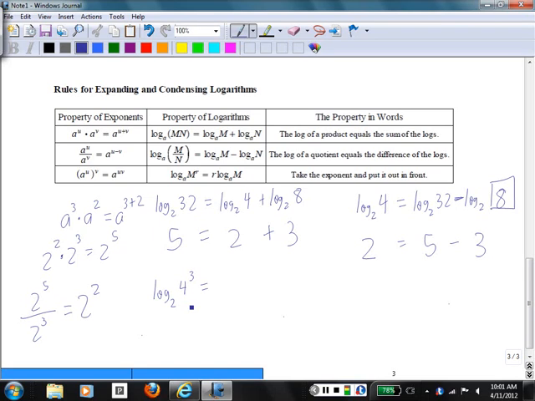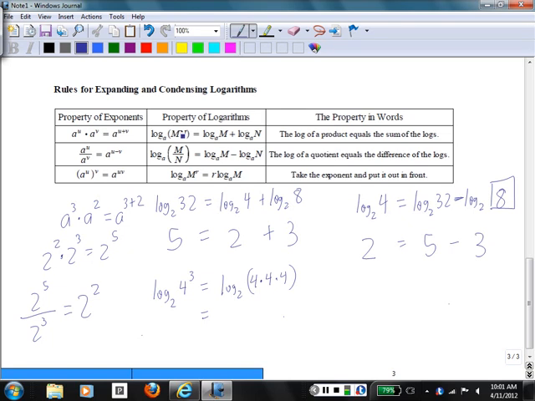I'd like to be able to take that 3 and bring it out in front and say that's 3 times log base 2 of 4. Well, 4 cubed is 4 times 4 times 4. So this equals log base 2 of 4 times 4 times 4. Now I'm going to take a little bit of license here and say that the log of a product m times n can be extended to as many factors as we want: m times n times p times q times r.